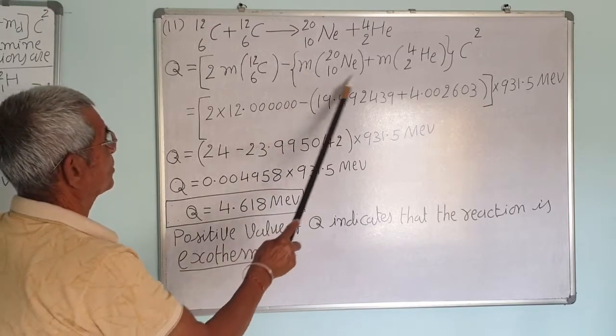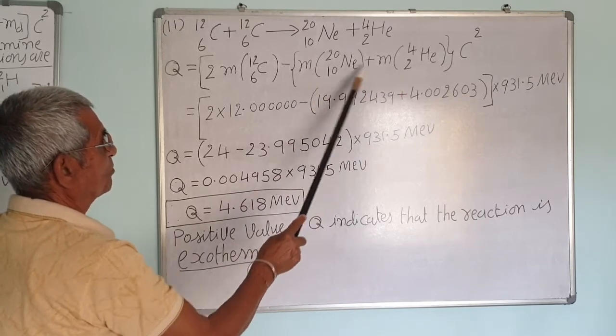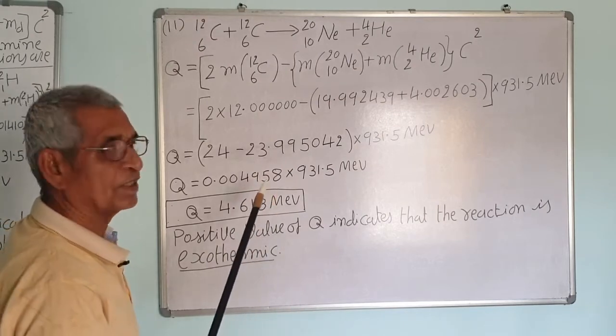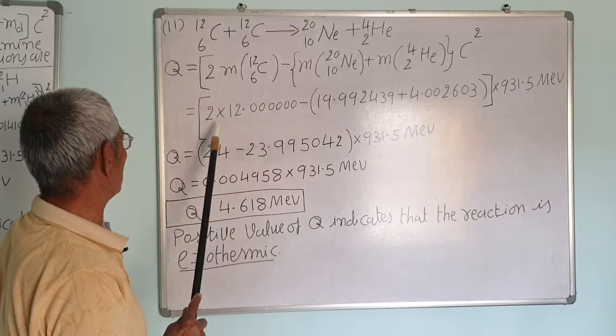If you calculate this mass in the atomic mass unit, then you multiply directly with 931.5, you will get the answer in million electron volt, what we did in the past example.